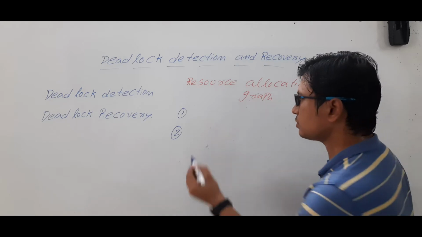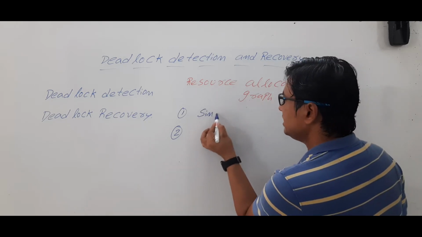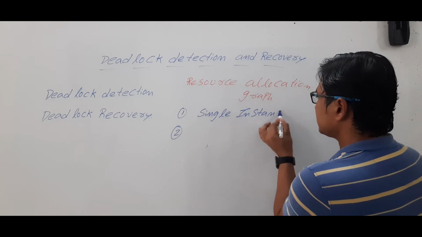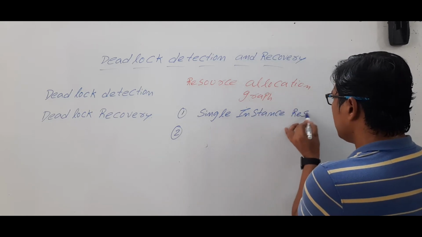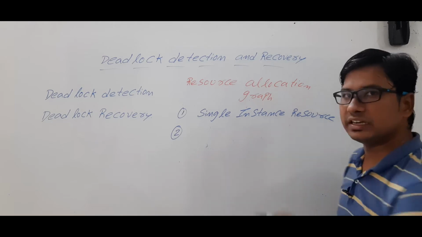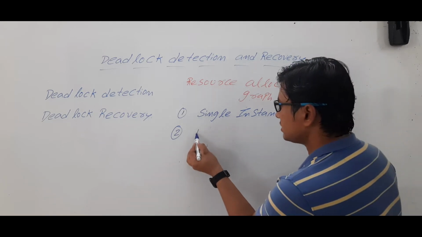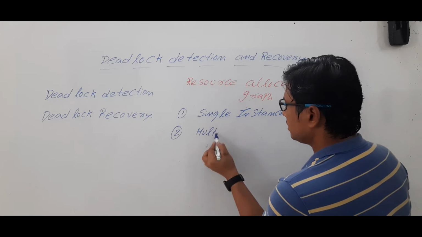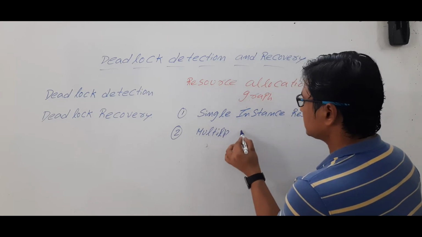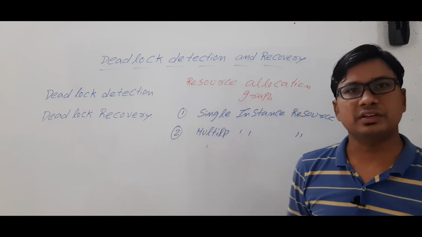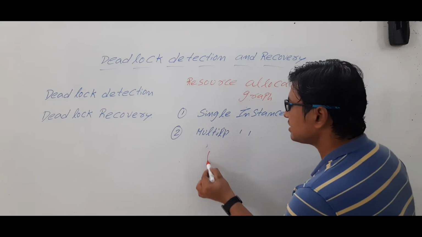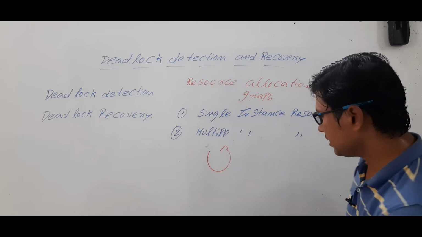In resource also, we have single instance resource allocation graph, meaning all the resources are single instance, and another one is multiple instance resource graph. Now if it is a single instance, we will check whether there is a cycle or not. Let me give an example.